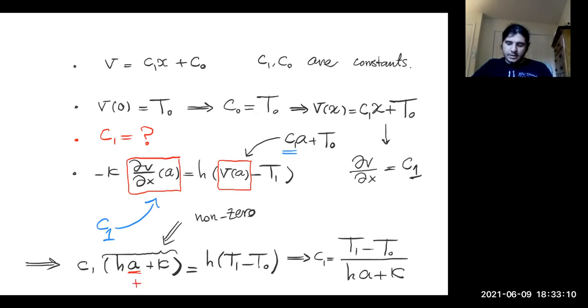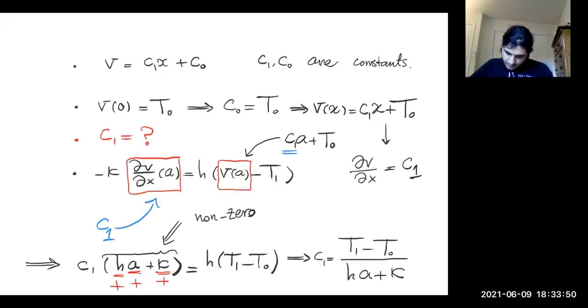If you remember the definition of kappa, this is a positive number. I think H is also a positive number. Yes. So these constants, if you go back where we defined them, are all positive. So this is non-zero. We can divide both sides by that. Great. So we have our solution.